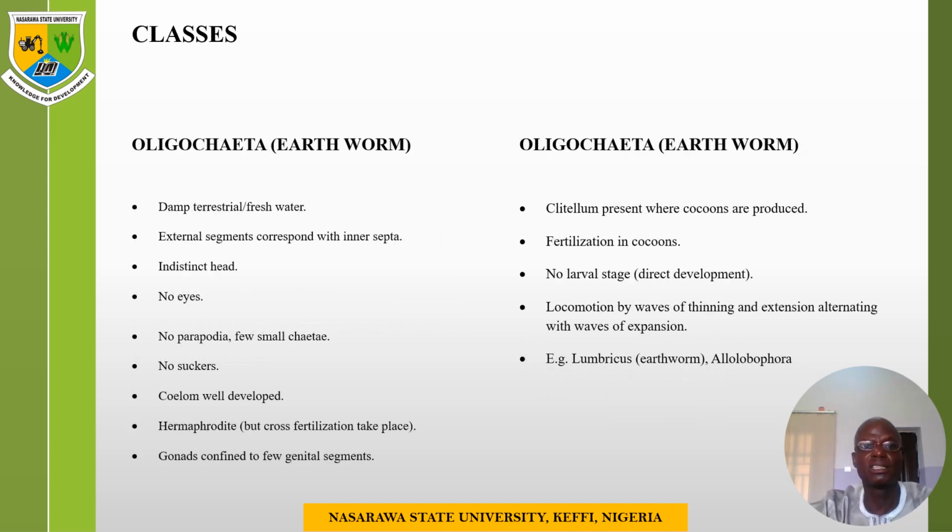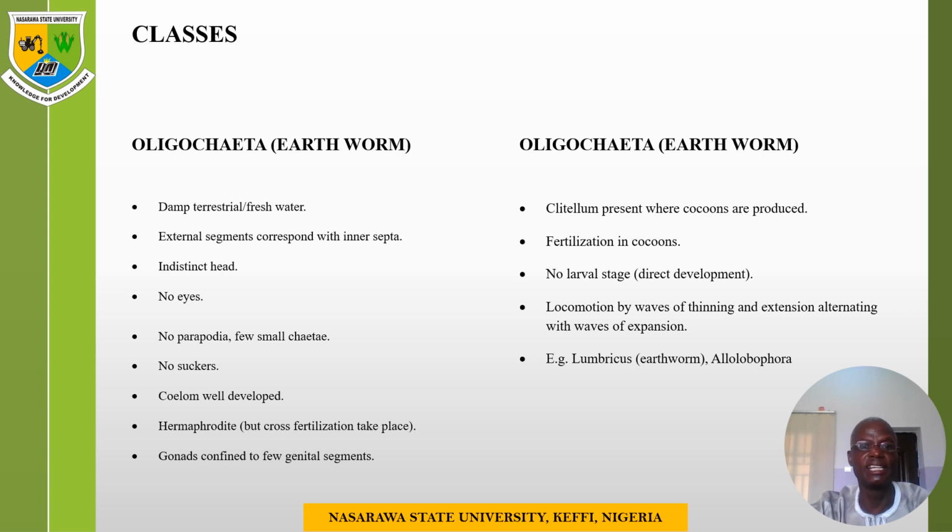Another class is Oligochaeta, that is the earthworm, as they are commonly known. These are found in damp environments and they are terrestrial. You also find them in freshwater bodies. The external segments of this organism also correspond with the inner septa.